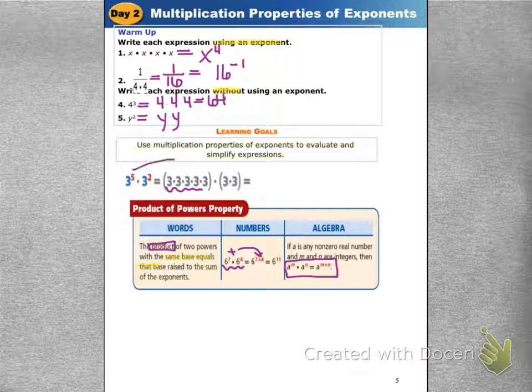The 3 to the 5th power really means multiply 3 by itself 5 times. The 3 squared really means multiply 3 by itself twice. And then now we have an expression that is multiplying 3 7 different times. So that's the same as saying 3 to the 7th power.